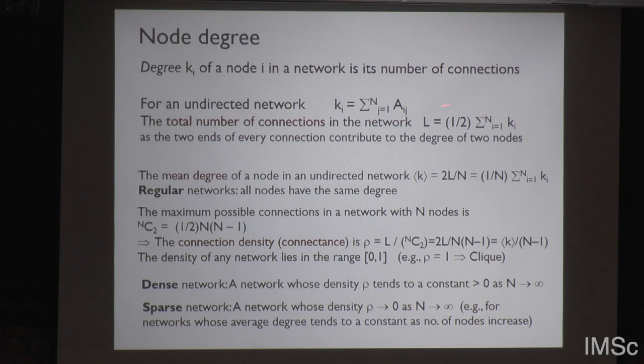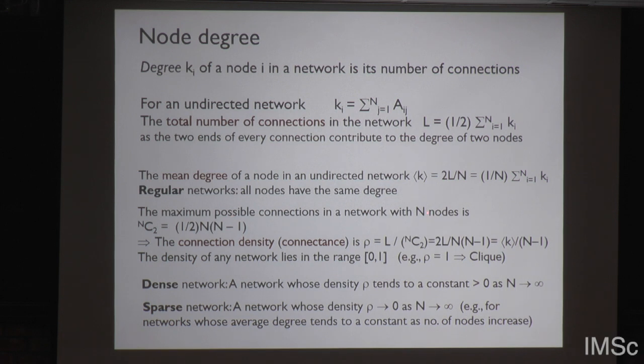Okay? And the division by 2 is basically to take into account the fact that the two ends of every connection contribute to the degree of 2 nodes. So the mean degree of a network is related to the total number of connections L and the total number of nodes, as we saw.